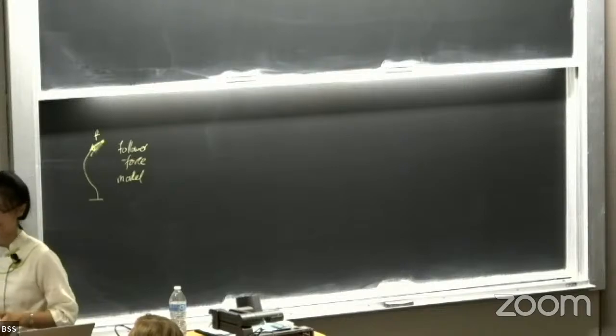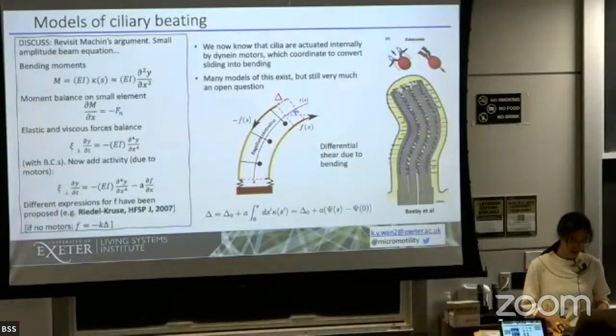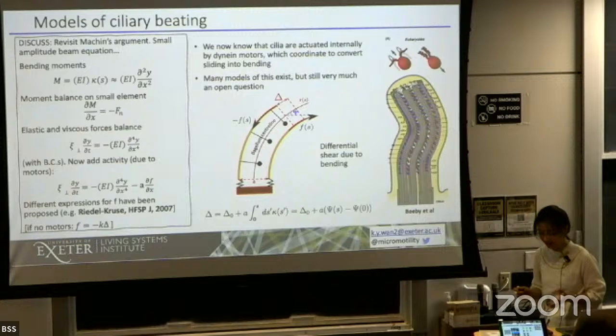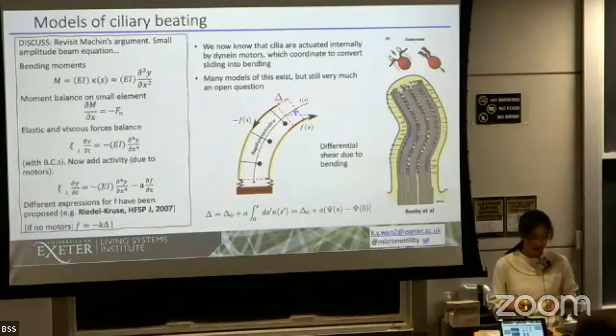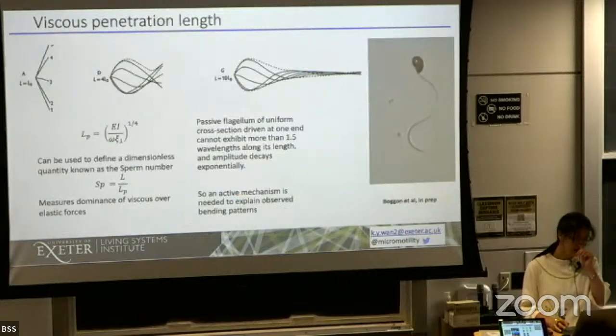But this is again an instance of does correlation really imply causation? Okay, so I hope that summarizes essentially the factors that are always in play whenever you think about how these elastic filaments are actuated.